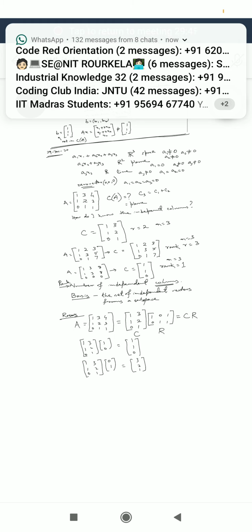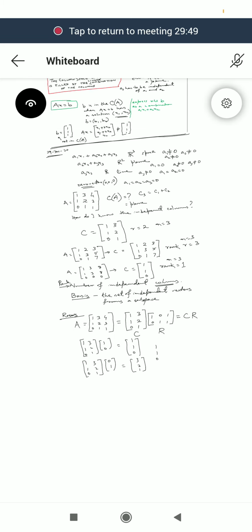And the third one, 1, 1, 0, 3, 2, 1, gives the sum. So in total, we are getting the same matrix only. That's right.